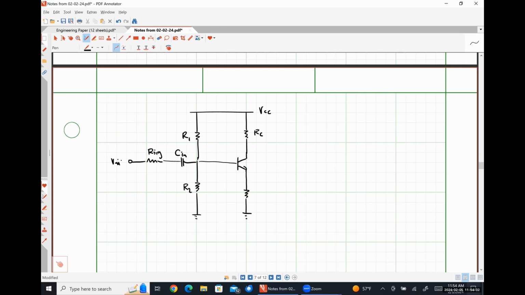Here's our signal voltage we're trying to amplify with this thing. Here's C out. Here's our load resistance RL that we're trying to drive. Here's our output voltage.